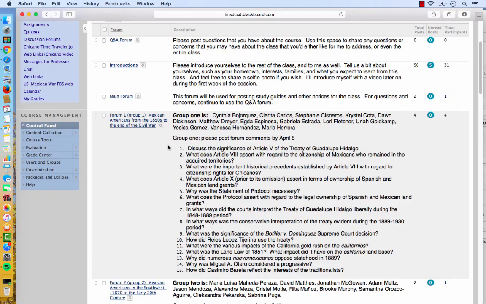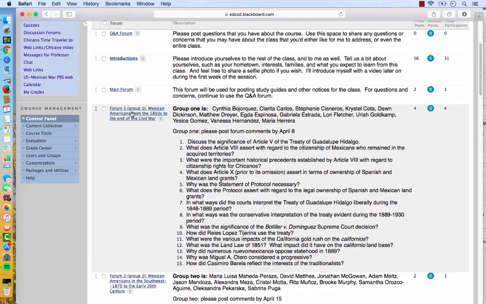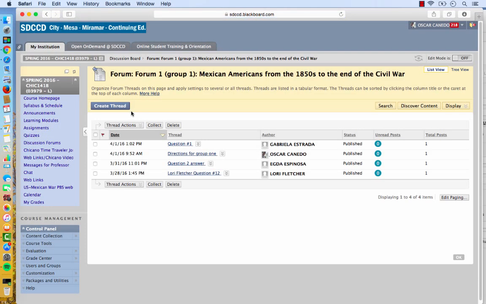So let's go and open up the forum, and we'll go from there. Okay, when you go into forums 1, 2, 3, I have the written directions for groups 1, 2, 3. So of course, if you're in group 1, you read my instructions in forum 1. If you're in group 2, you read my instructions in forum 2, and in group 3, you read my instructions in forum 3. You get the idea.